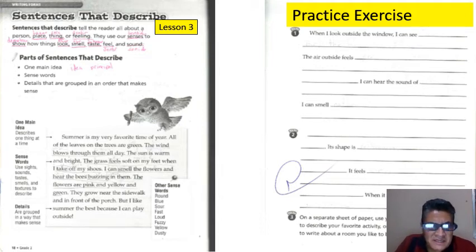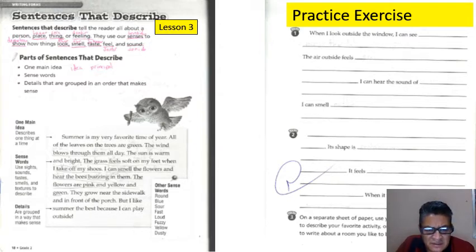The parts of that sentence, as I said here, there's one main idea, sense words, details, and the specific sense that is going to be placed. So as you can see, here is another way of writing the information, the paragraph: main idea, sense words, and details.